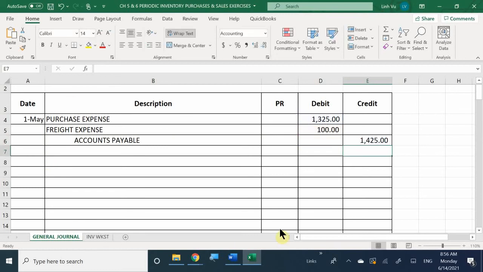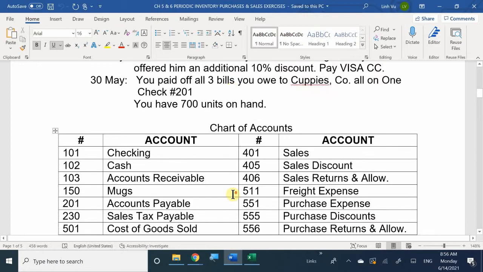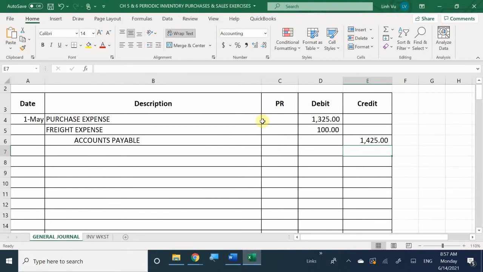Okay. So if you guys read the scenario, I also want you to practice using the chart of accounts. So in this case, what was my purchase expense account and which one was my freight expense account and my accounts payable? 551 is purchase expense, and 511 is freight expense.